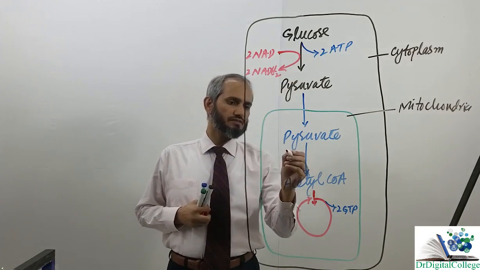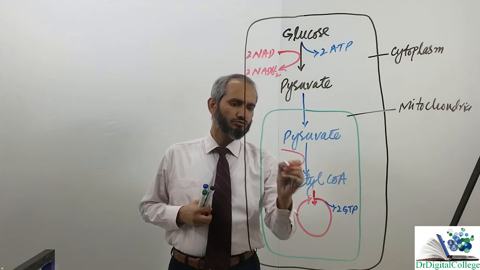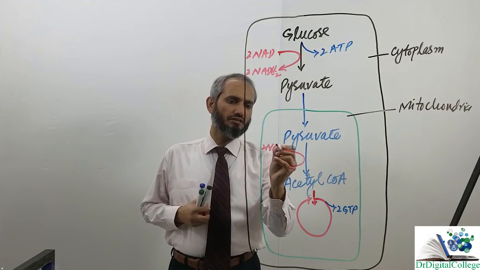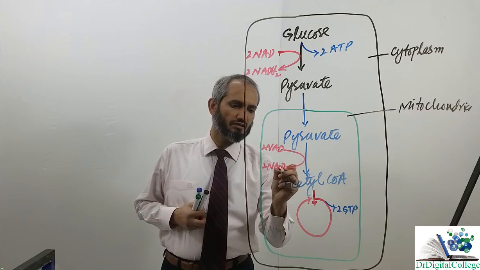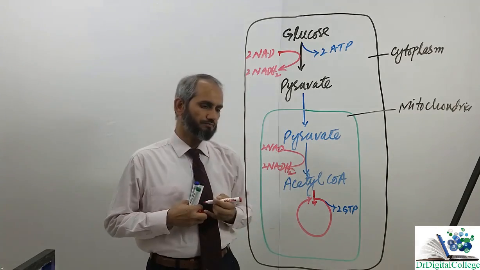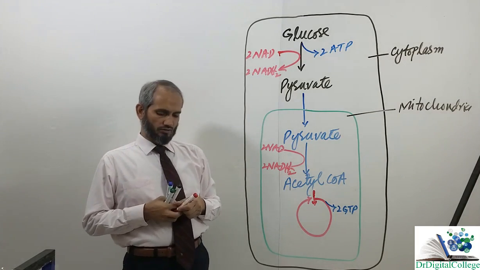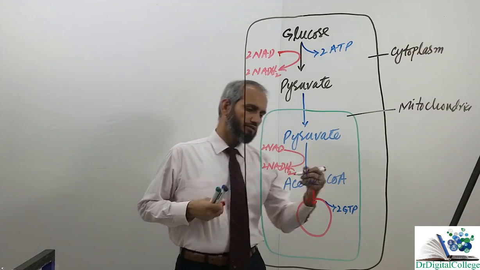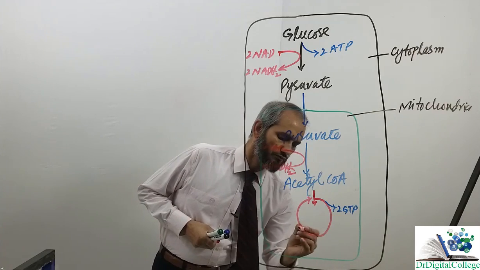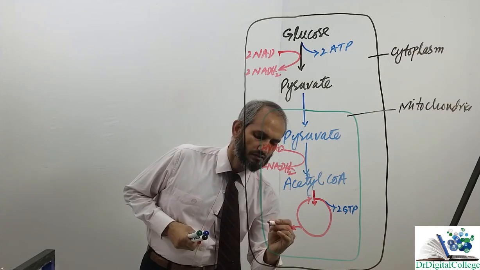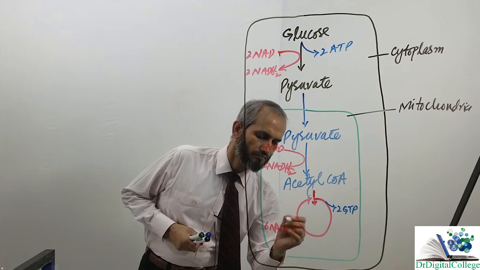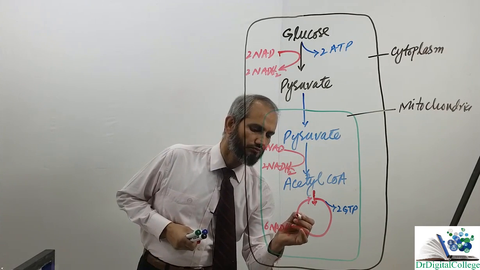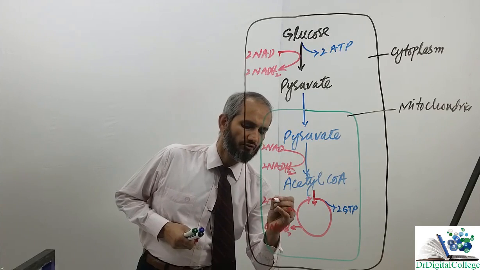During this process, once again, 2 NAD are reduced into 2 NADH2. Okay, and during the Krebs cycle, there is the formation of 6 NADH2, and there is the formation of 2 FADH2.